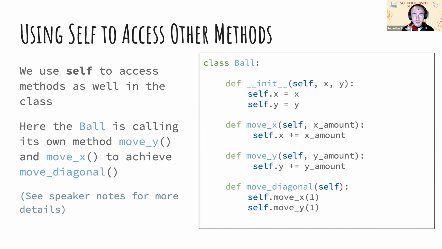It's calling its own methods move y and move x to achieve move diagonal, as you can see here. So to access a method within a class, you'd use self.that method. For example, self.move x, self.move y. Make sure you use that self as well. It's very important.